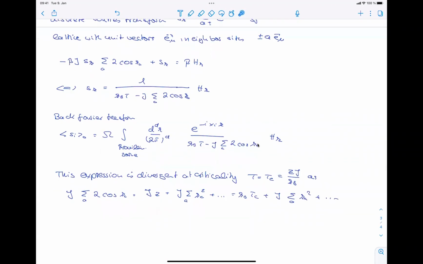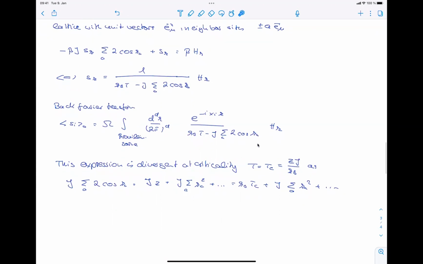And so these two terms cancel at the critical temperature.